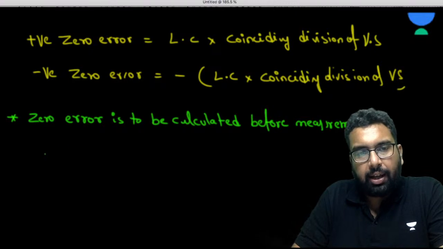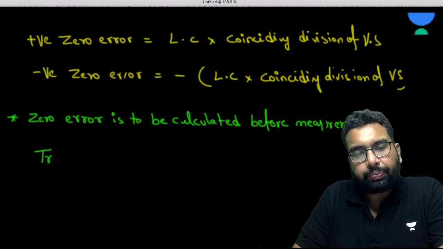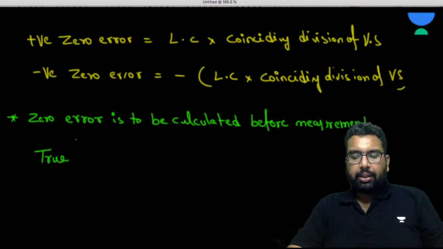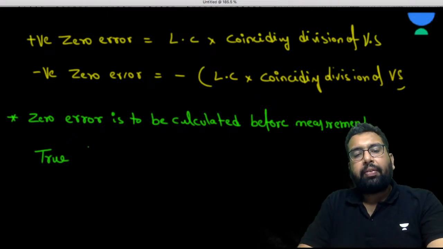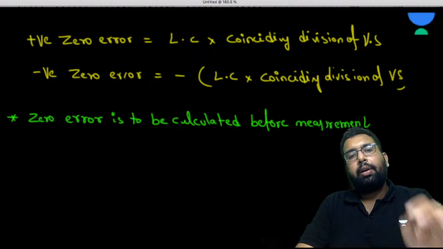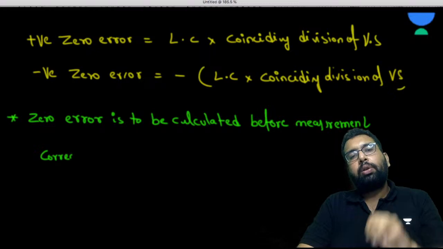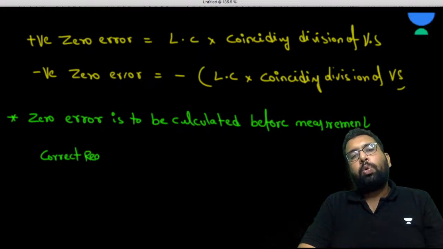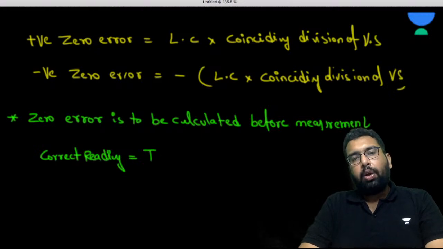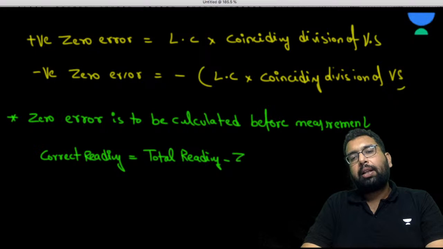See what is the true reading, or we can say the actual reading or correct reading. You go by the same way to solve, and you get the total reading, main scale reading plus Vernier scale reading. From that total reading, you subtract the zero error.